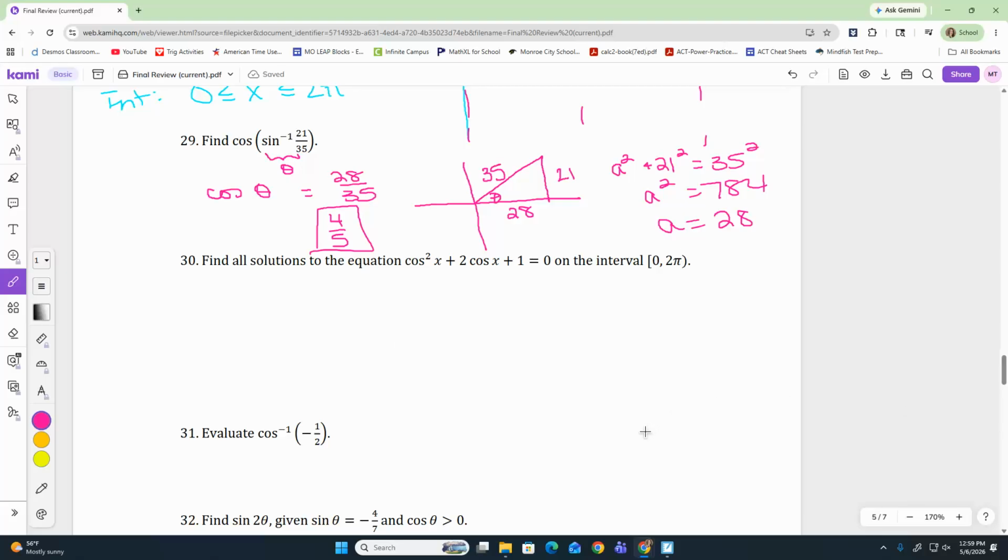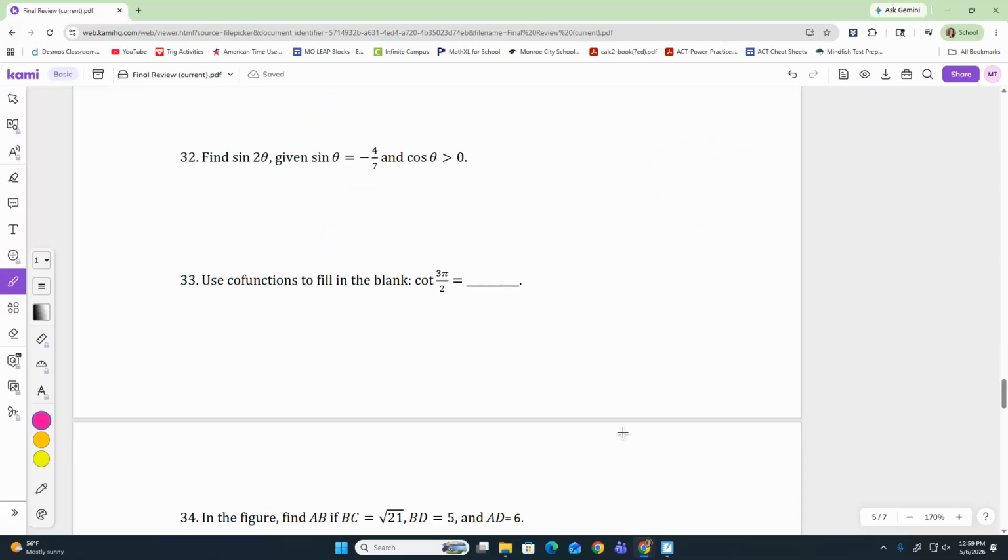Problem 32. I want sine of 2 theta. Remember, if we don't know what to do, where should I look? The formula sheet. On your formula sheet, it says sine of 2 theta is 2 times sine of theta times cosine of theta. Sine of theta is negative 4/7.